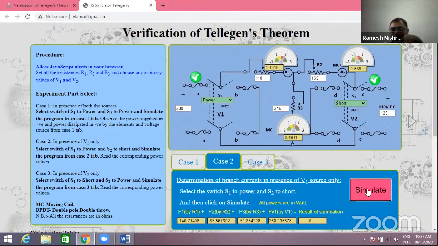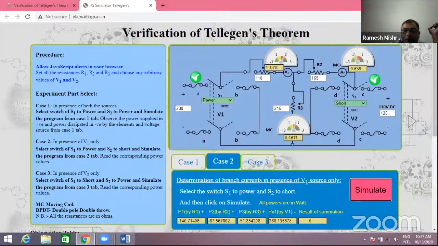After simulation, the power for the first resistance is equal to minus 140.71406, the power for the second resistance is equal to minus 67.567602, the power of the third resistance is equal to minus 51.854206, and the power of the voltage source is equal to 260.135878.